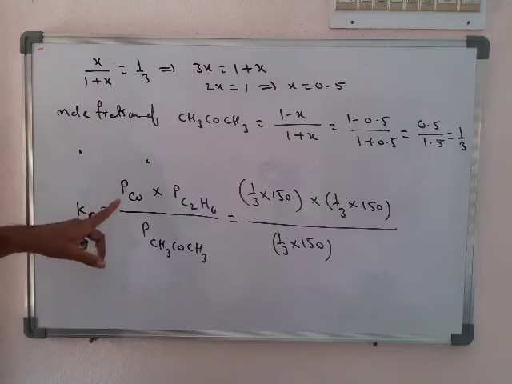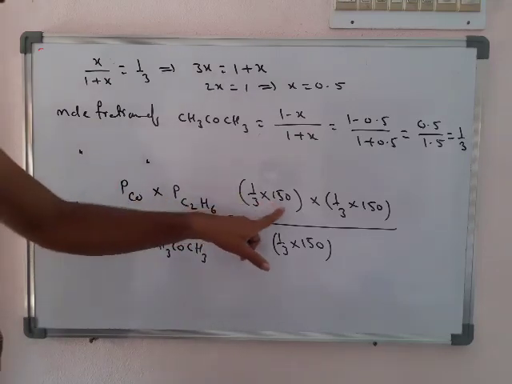So the partial pressure of carbon monoxide equals 1 by 3 into the initial pressure 150. All are having the same mole fraction.